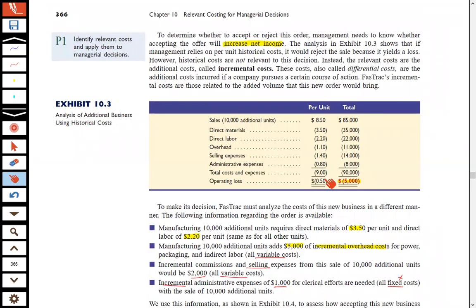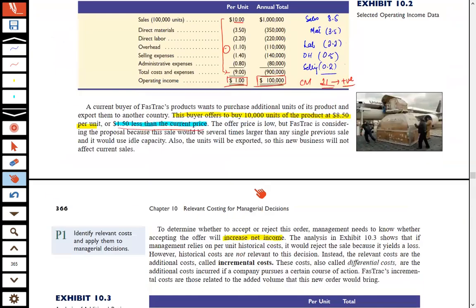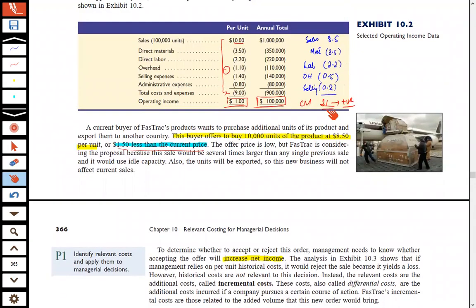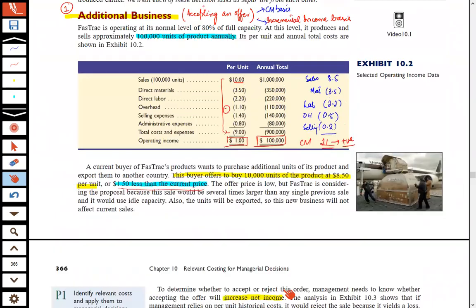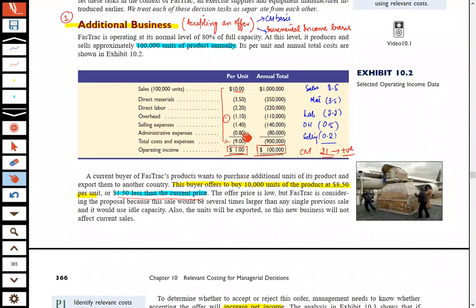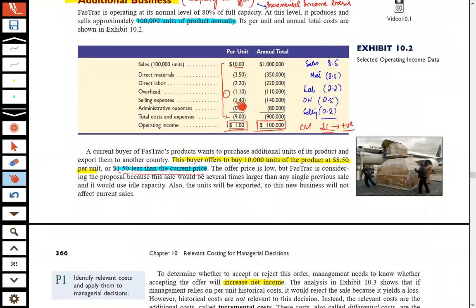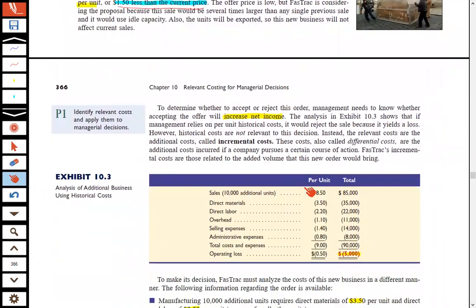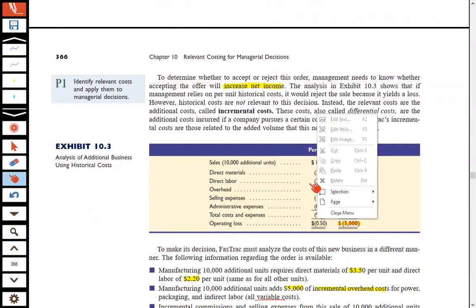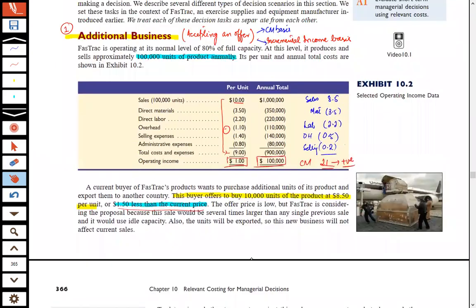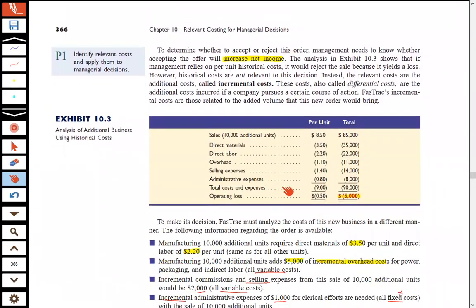Because here the CM was 17,000. No, CM is at the rate of 2.1, but selling and admin expenses are 14,000, and even the overhead is not 0.5, it's 1.1 at the same rate. So this analysis is basically wrong.